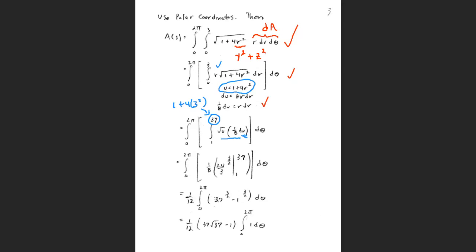That's 1 plus 4 times 9, that's 37. The bottom u limit is 1. How do you get 1? That's just 1 plus 4 times 0 squared, because the bottom r limit is 0.